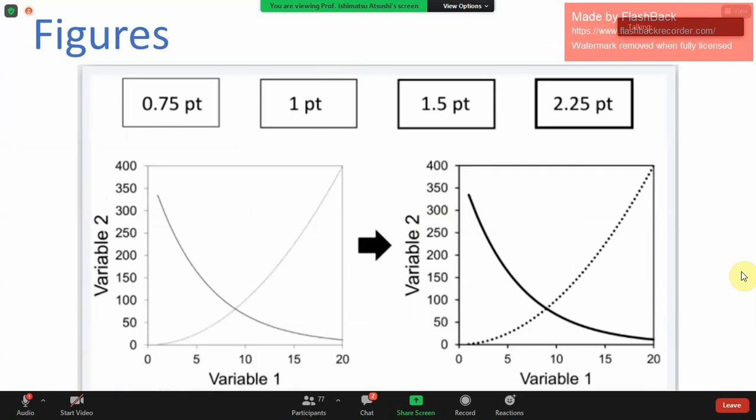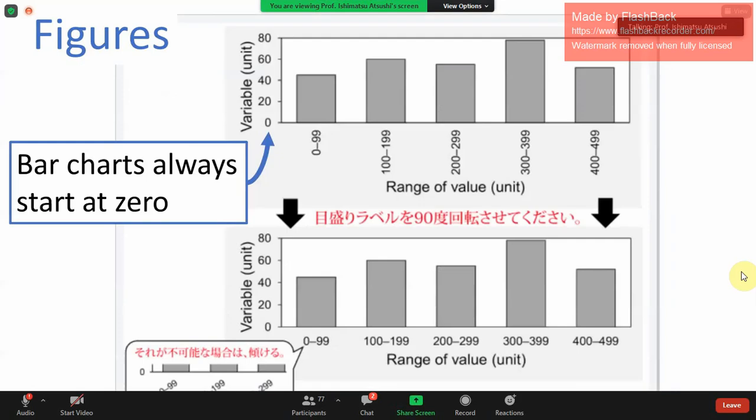Whereas line charts or scatter charts may not start at 0 on the y-axis. It can start from any number when necessary, I should say. But bar charts should always start at 0, okay?